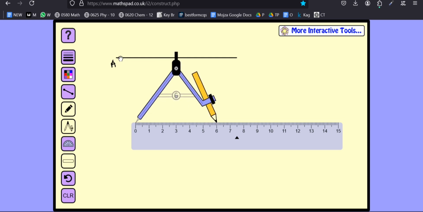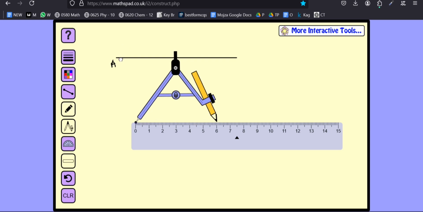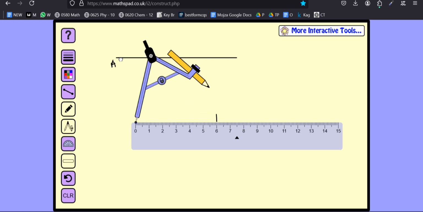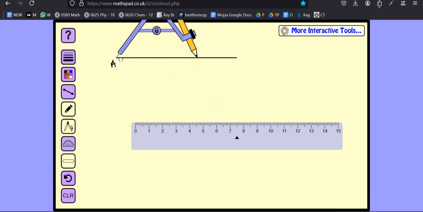So now we know this is the 6 centimeters. Let's lock it and open. Let's bring this over here.